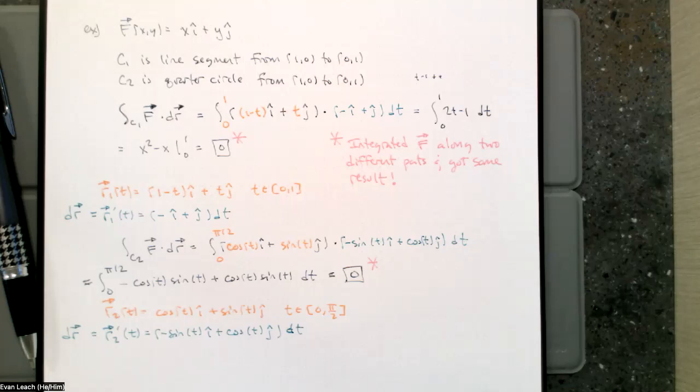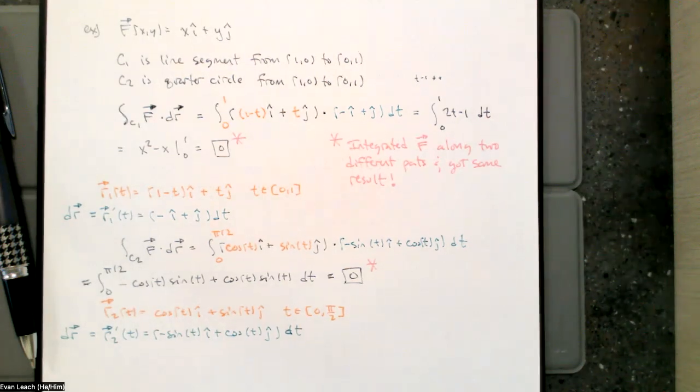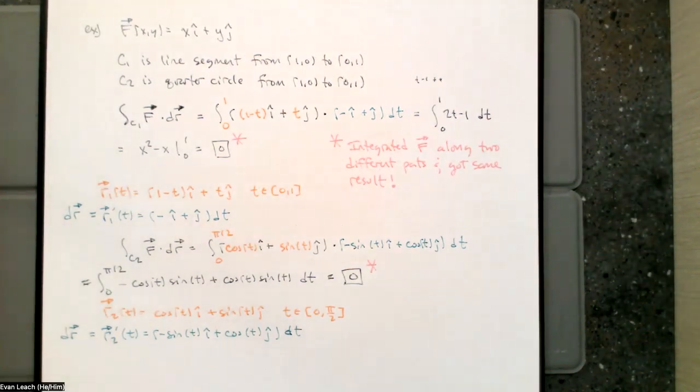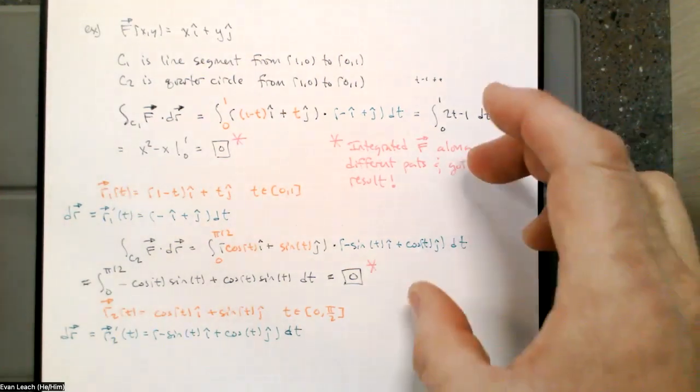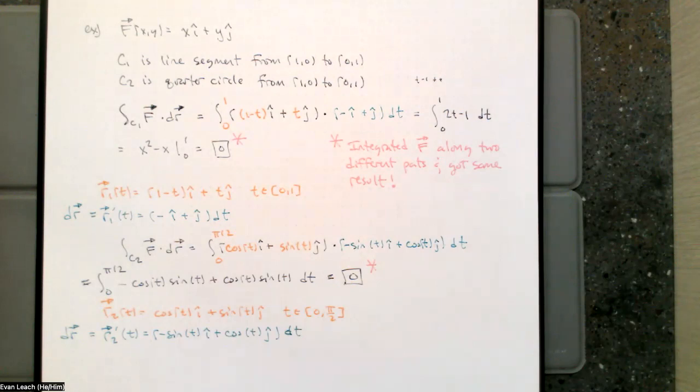So the difference here was that there's something different about this vector field than there was about the previous vector field, except for the fact that I gave them the same names. I kind of George Foreman myself by just naming all my vector fields F. So the reason we got the same result here and different results on problem 1, 2, 3, is that one vector field has a characteristic that the other one does not.